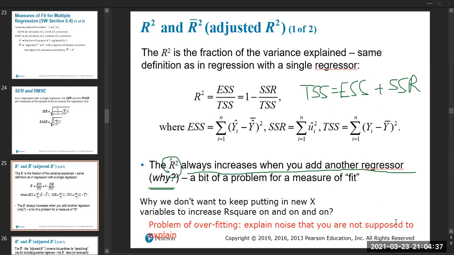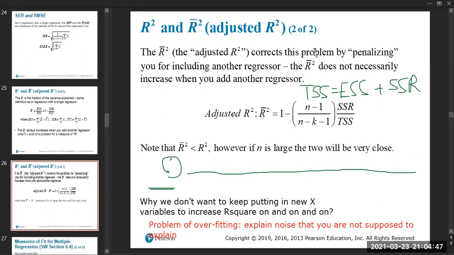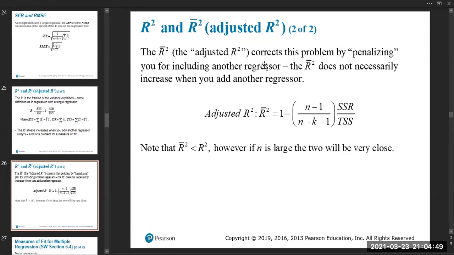R square is problematic. We need something else. So to overcome that, we have something called adjusted R square. What does it do? Adjusted R square corrects the problem by penalizing you for including too many regressors.